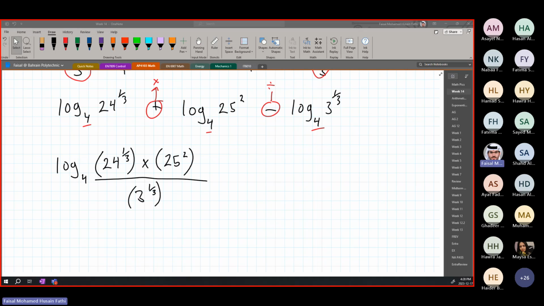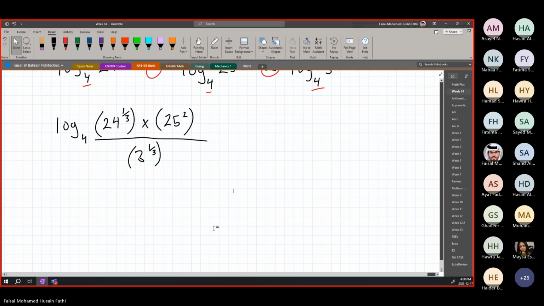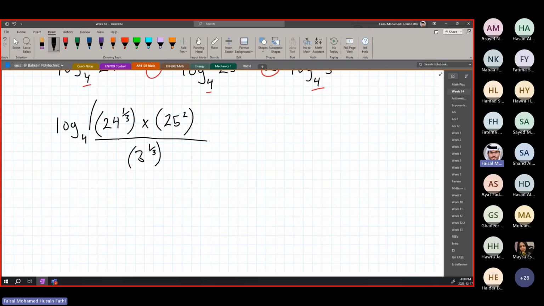It's 5.14. You have done something wrong, Abdullah. 5.14. Double check. In the calculator, write it exactly this way. I think in the calculator you'll have a big bracket here as well for the log.